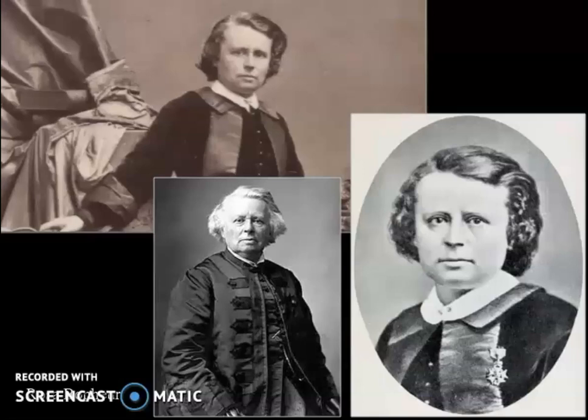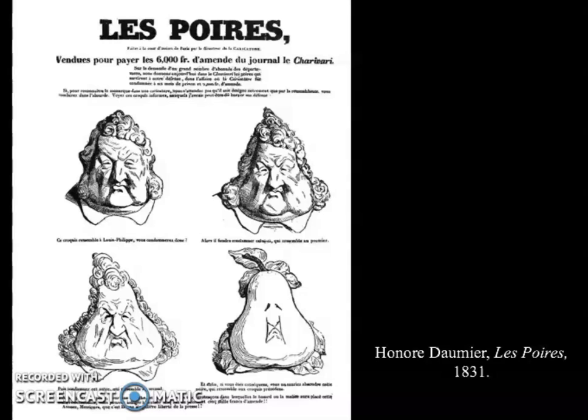So when she went to study for the Horse Fair and other works, she would gain permission from the police to dress as a man, and then she would go and sketch there. And she didn't want to sort of receive too much attention, so she dressed as a man, which has sort of become an interesting factor in her work and sort of thinking about who she is as a person and a painter.